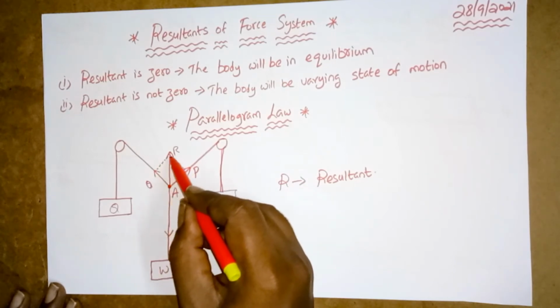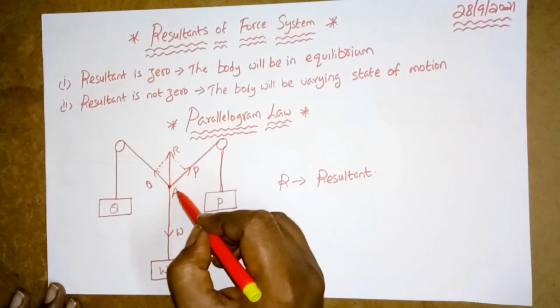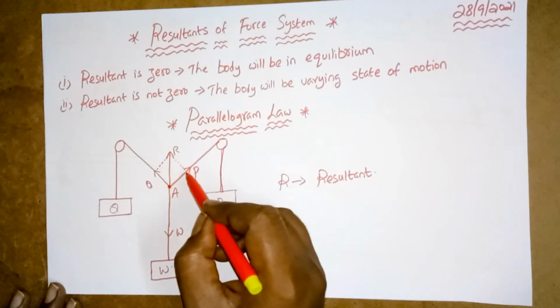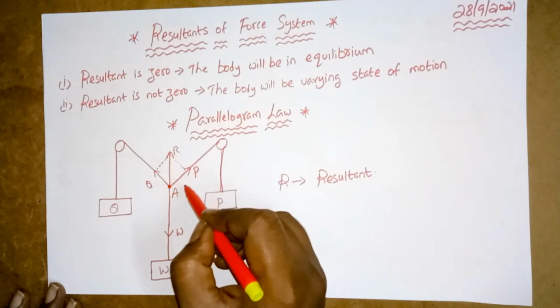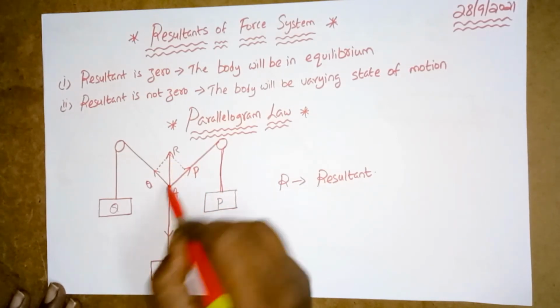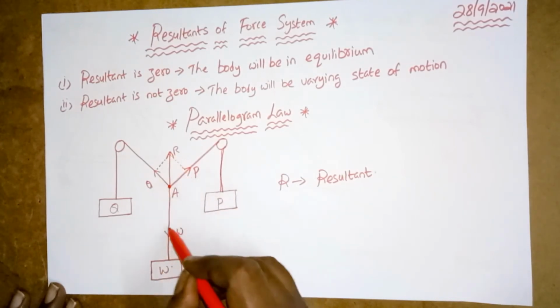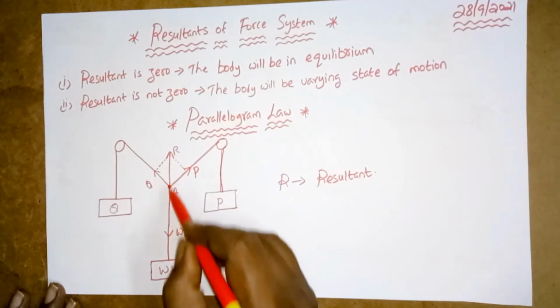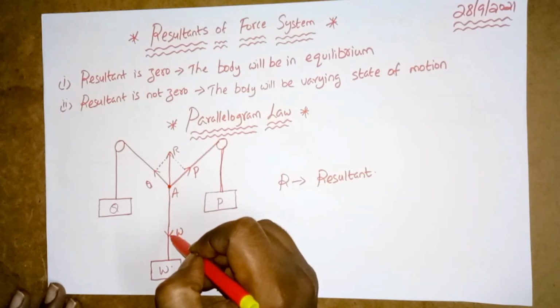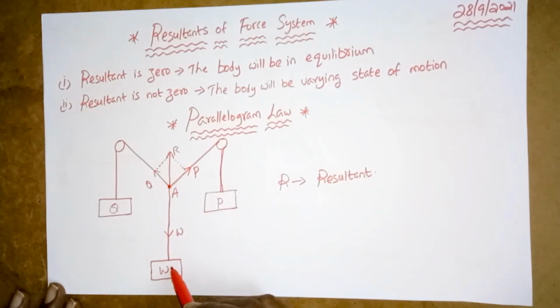You can see this dotted line, we have constructed this parallelogram on this small demonstration, and we are showing that the resultant R is equal to the vector W, and the support from R to the weight W is also equal, right?